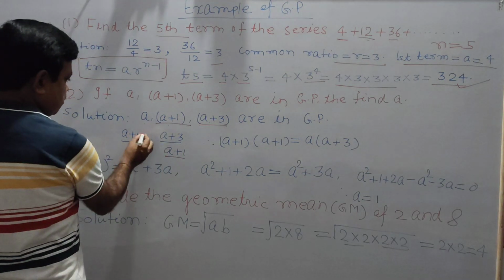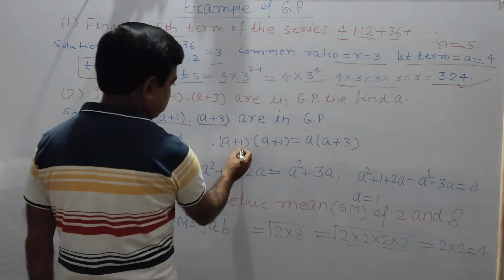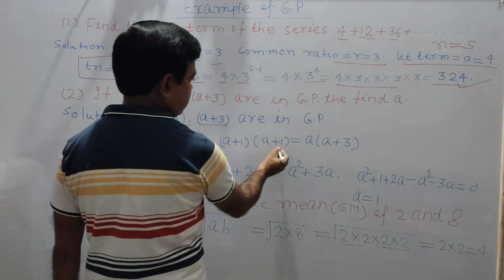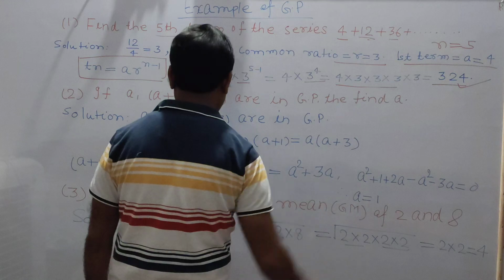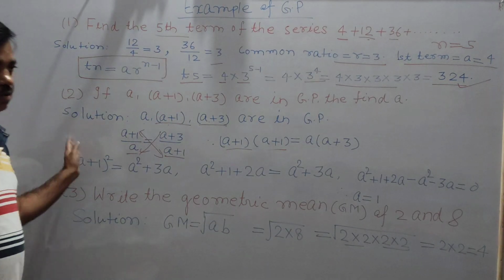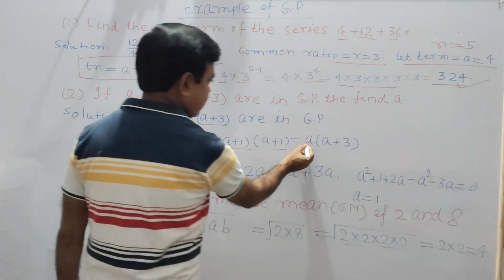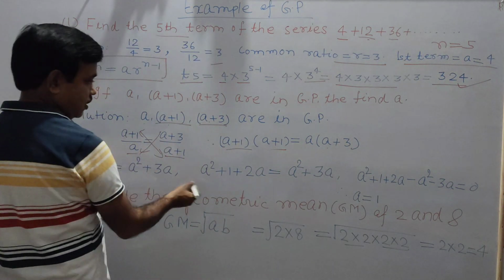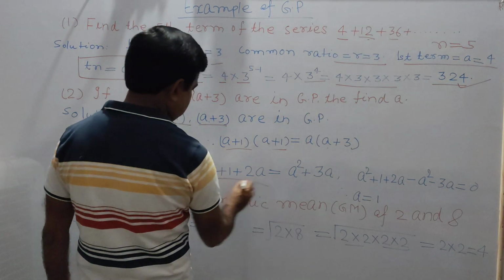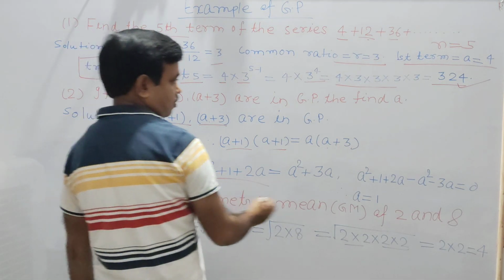Then we cross multiply, and we find a plus 1 multiplied by a plus 1 equals a plus 3. Then a plus 1 multiplied means a plus 1 whole square equals a multiplied by a square plus 3a.